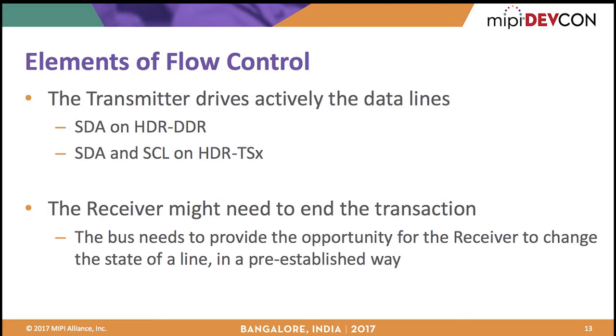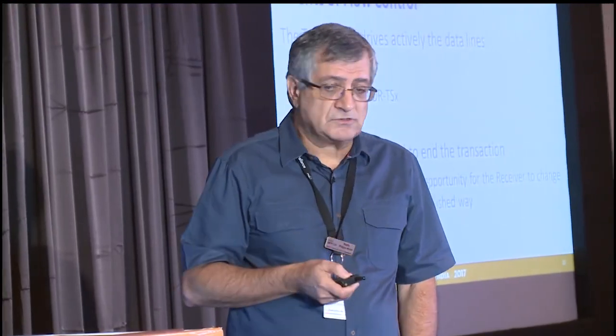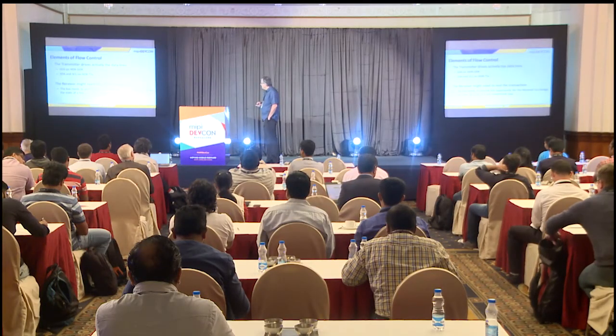Because of that, we devised some procedures to allow that window of opportunity. One can call that a breakpoint, if you would, where the receiver side can request or even stop. If it was the master, it could even stop the whole transaction.